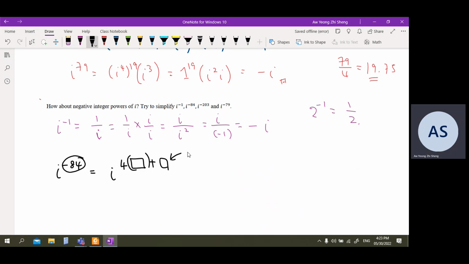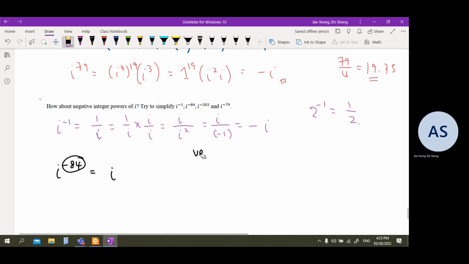And this number, you want it to be positive, for your own convenience. Okay. So negative 84 can be written as 4 times minus 21.